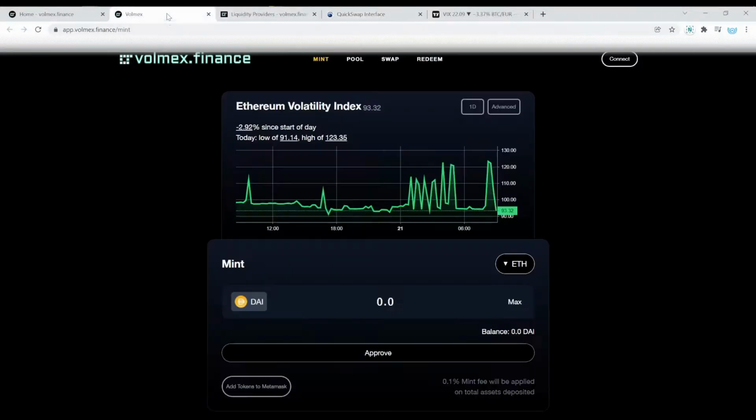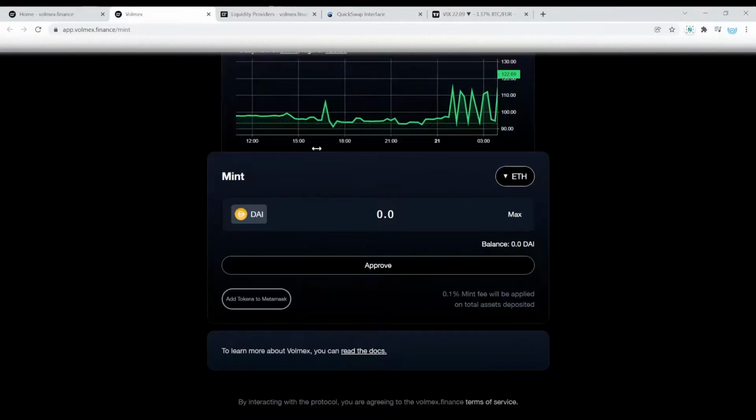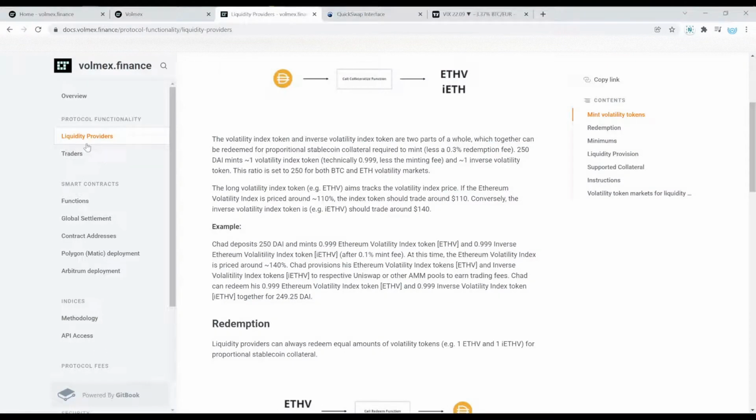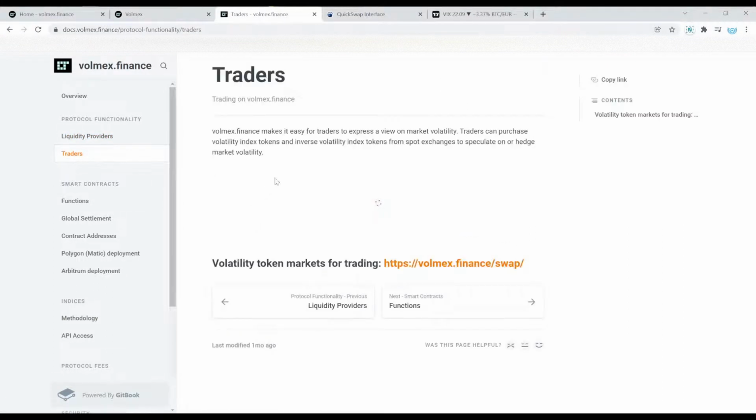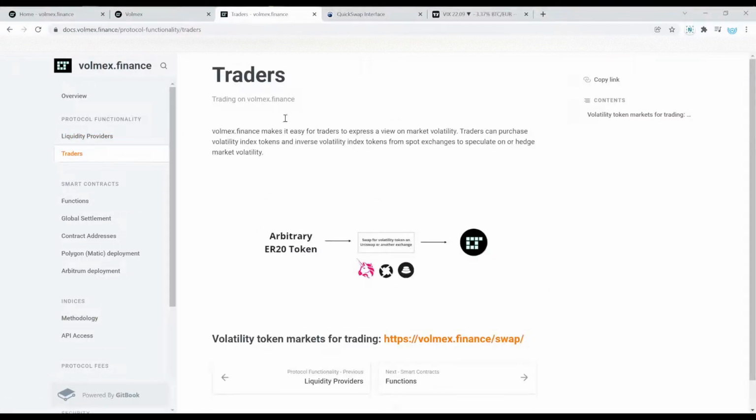Now, what is this token actually used for? And this is now basically the trading side. As I explained before, it is to hedge against volatility. So Volmex Finance makes it easy for traders to express a view on the market volatility. Traders can purchase volatility index tokens and inverse volatility index tokens from spot exchanges to speculate or hedge market volatility.